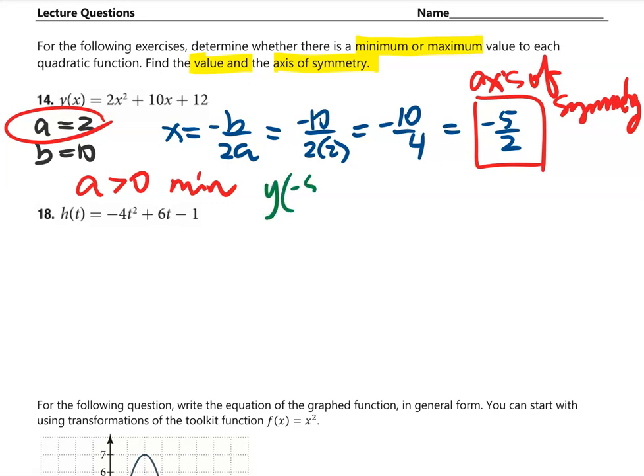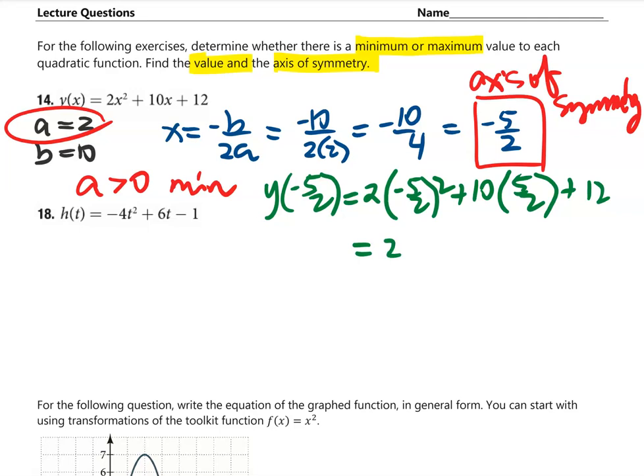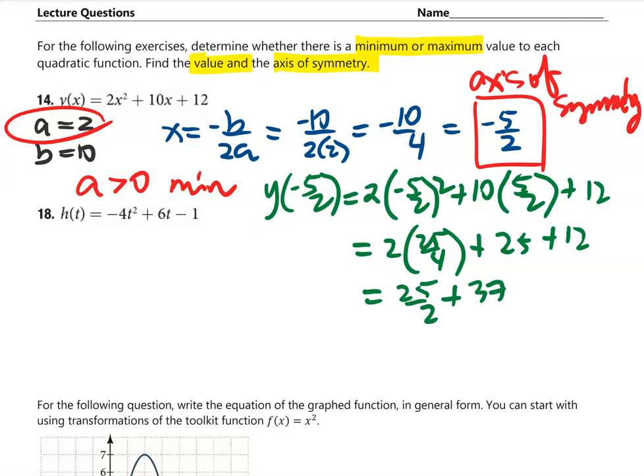So y of negative 5 halves is equal to 2 times negative 5 halves squared plus 10 times negative 5 halves plus 2. 2 times 25 over 4 plus negative 50 over 2 is negative 25 plus 2. Sorry, my bad. Negative 25 plus 2 is negative 23.